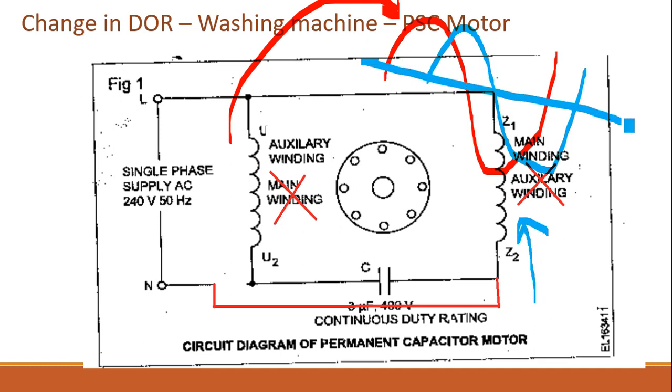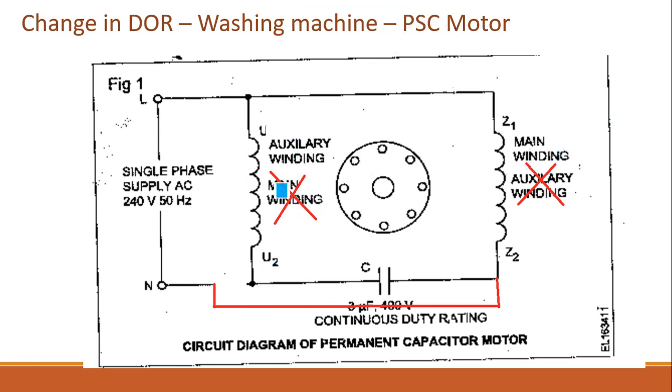So the current in the U1 U2 winding has now become leading. The direction also changed because of the leading change, and by simply changing a connection from this side to this side, the direction of rotation changes.